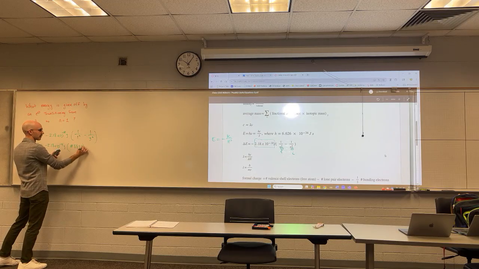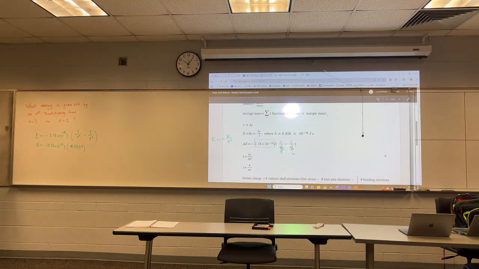So this gives me 0.888 repeating. I'm just going to abbreviate it at a 9 there, but I'm not actually going to round it. I'm going to use that value in my next calculation. So I take that answer times negative 2.18, and I'm going to put all of this in parentheses so that I can do times 10 to the negative 18th without worrying about how the calculator might interpret all of that.